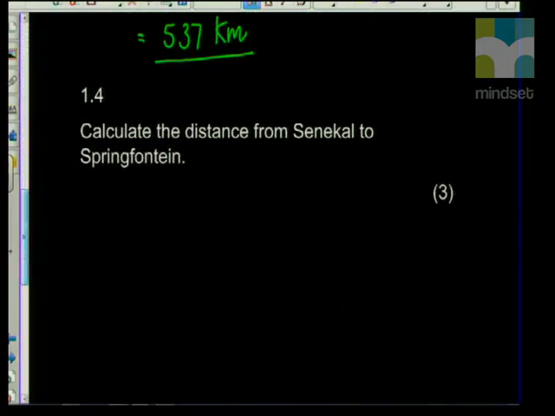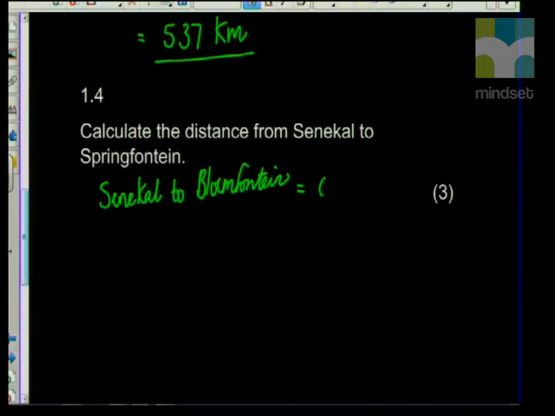So if I had to write this out, I would write it out in full. I would first of all say Senekal to Bloemfontein. And that is equal to 628 minus the 450, which gave me an answer of 178 kilometers.